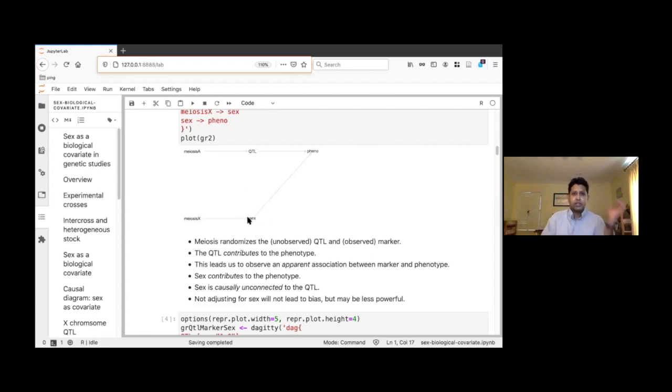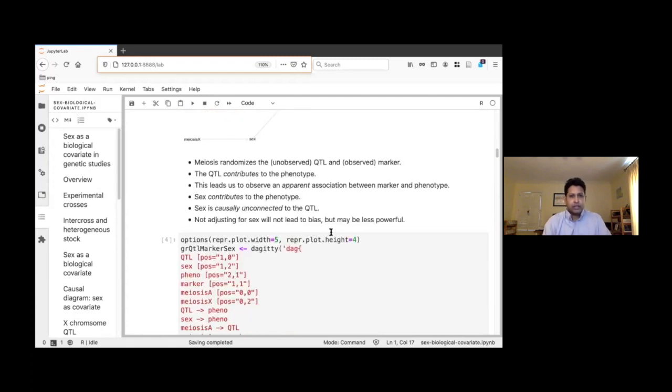So in this case, not adjusting for sex will not necessarily lead to bias, but it may be a less powerful approach because you're not eliminating an independent cause of the phenotype, and therefore your error term is bigger than it would normally be.